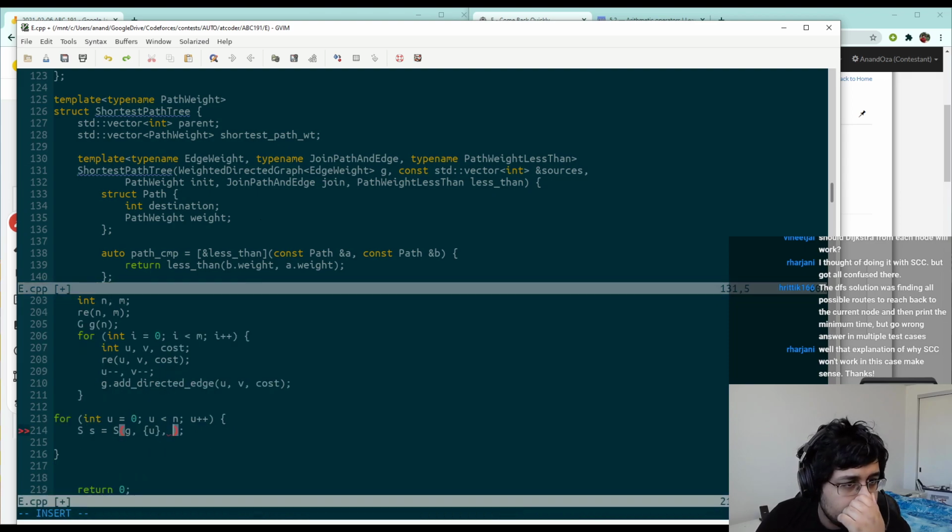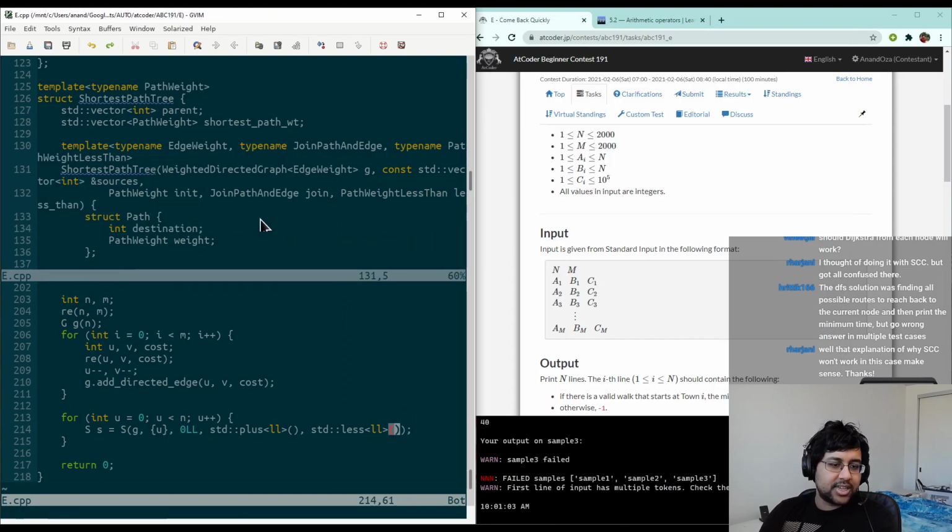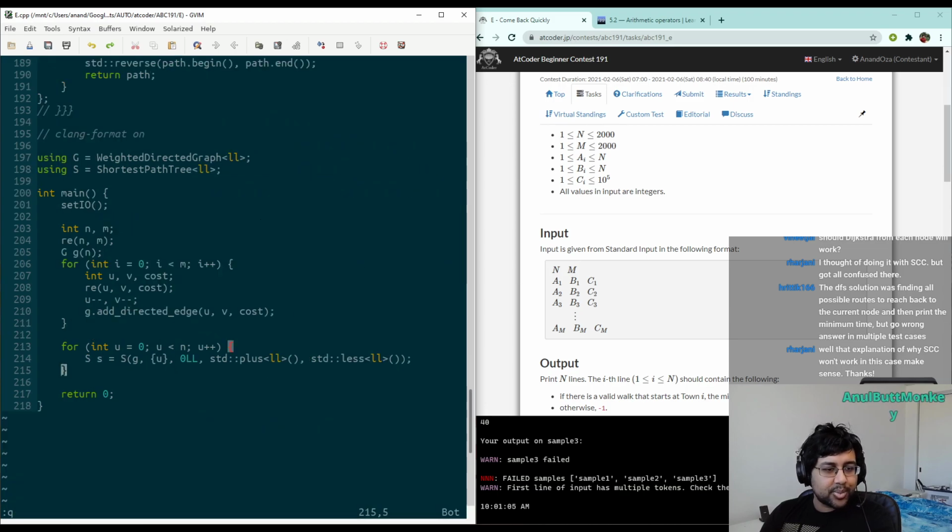So what we want to pass in is the list of sources, which we've done, and then the initial path weight, which is 0. We want to join a path with an edge by adding, and we want to compute whether a path is less than another by using the regular less than. So this is a very general template.